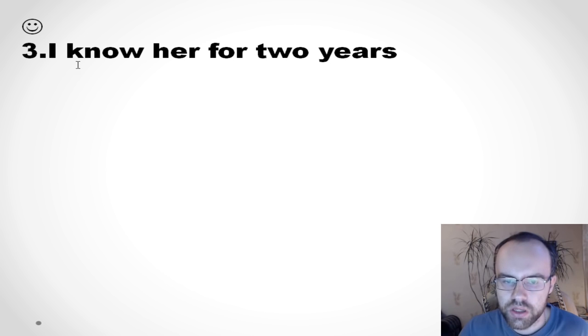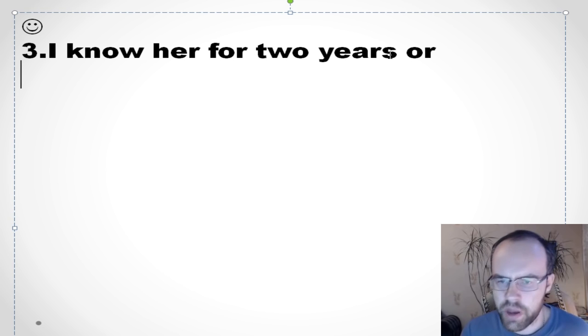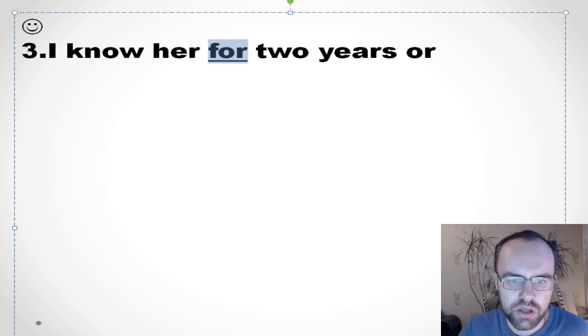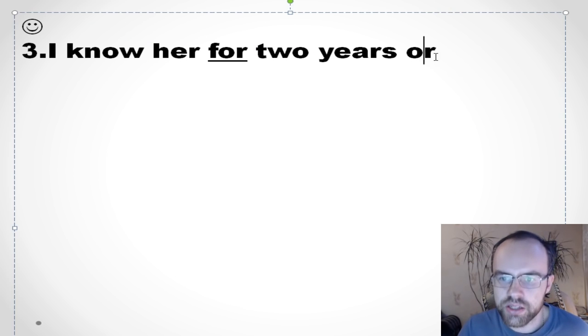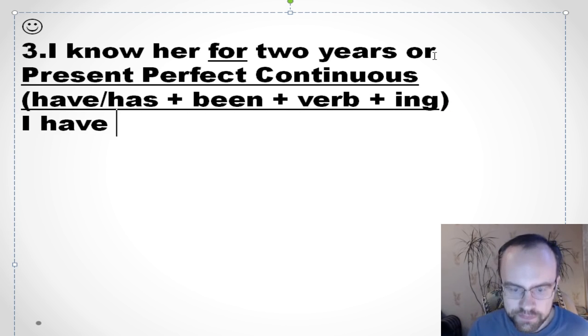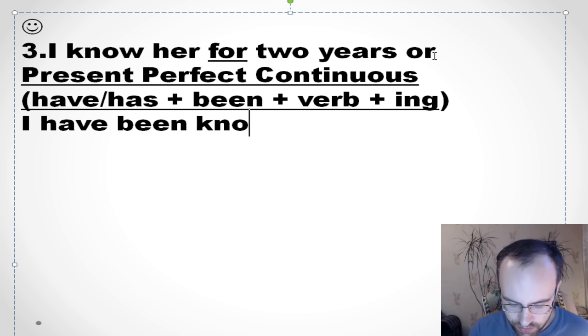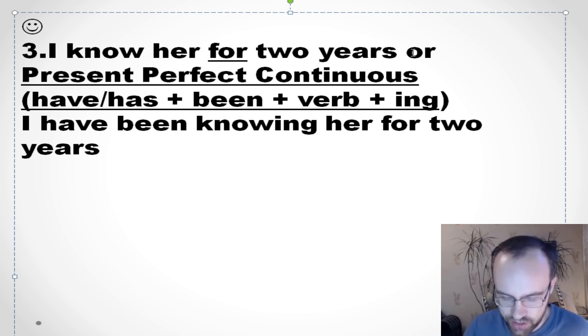Students say it this way, I know her for 2 years, or sometimes they remember, okay, we have for, so we need to use present perfect continuous, and they say it, I have been knowing her for 2 years.